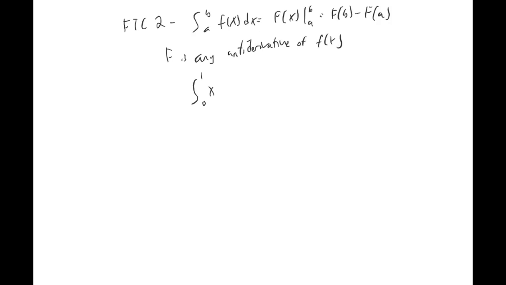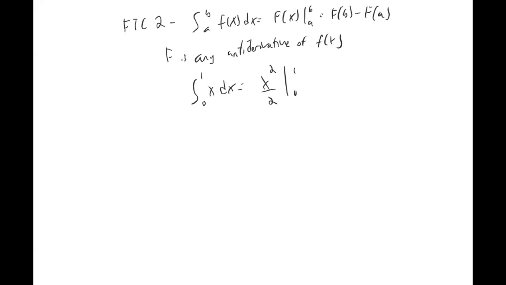If it's from 0 to 1, what's an antiderivative of, say, x? Just give me one, your favorite one. I mean, most people would just take c to be 0, so you could choose x squared over 2.